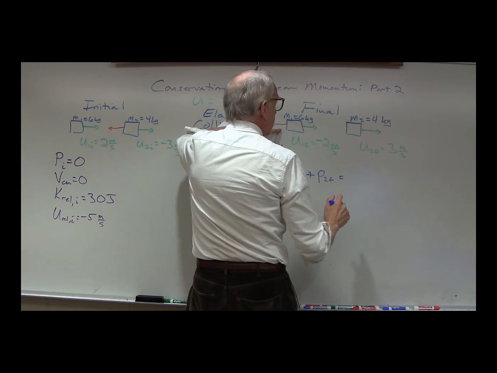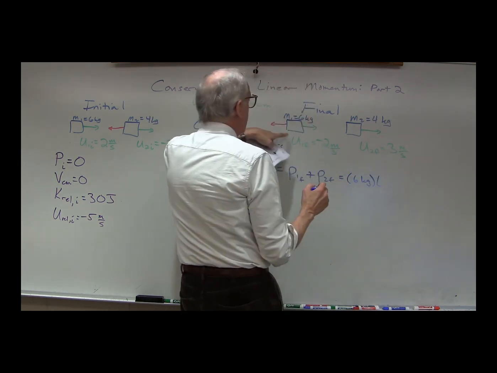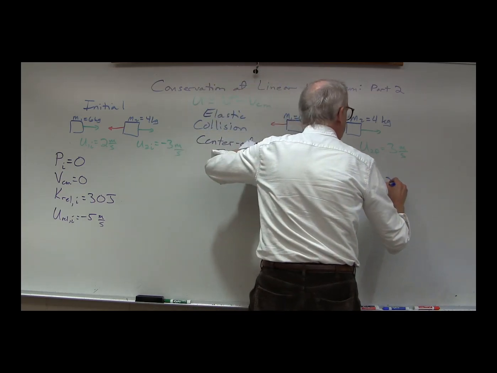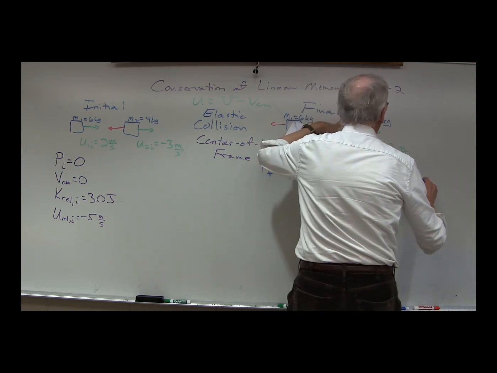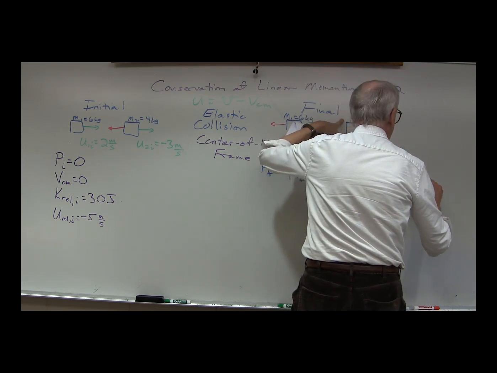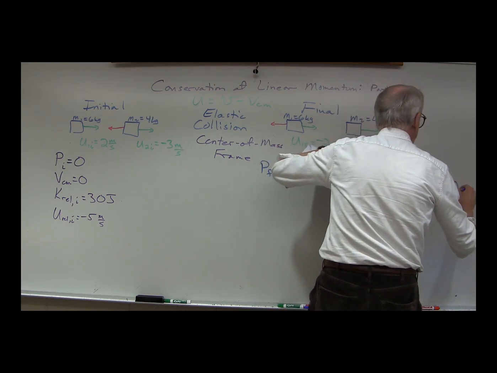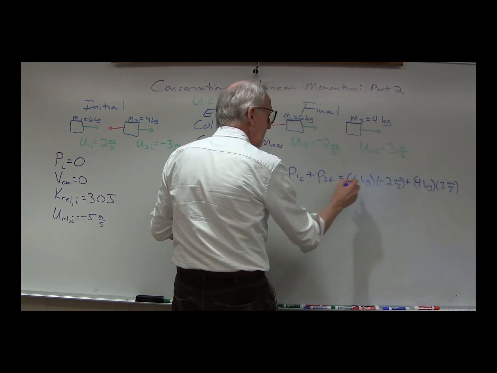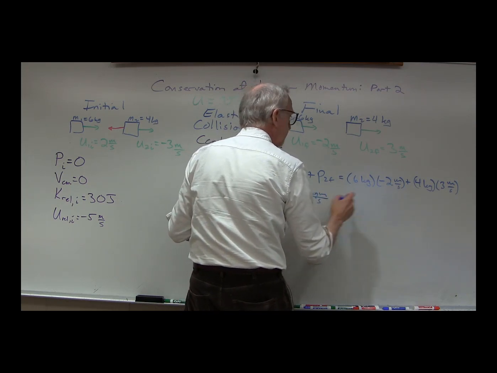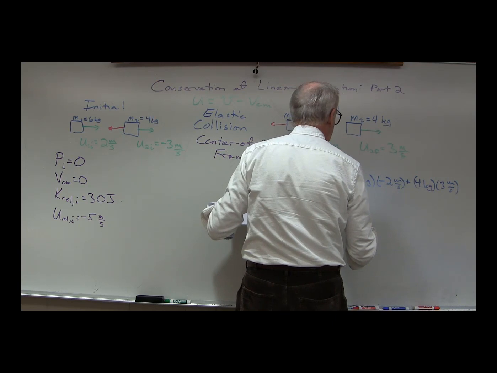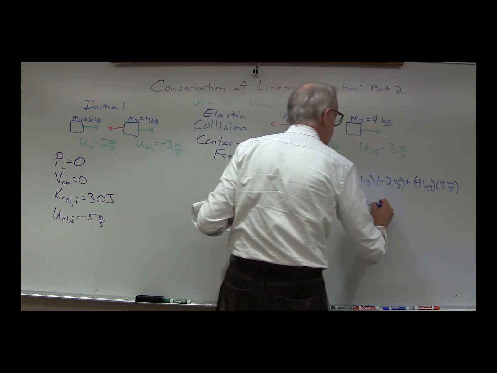So for mass 1 we have 6 kilograms times u1 final, which is negative 2 meters per second, plus m2, 4 kilograms, times u2 final, 3 meters per second. That leaves us with 6 times negative 2, negative 12 kilogram meters per second, plus 4 times 3, 12 kilogram meters per second. So negative 12 plus 12 is 0.